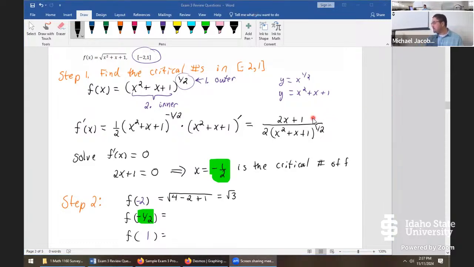How do you decide to test those boundaries again? Oh, for the closed interval method, step 2, I should have mentioned here, let me use a different color so it'll stand out.